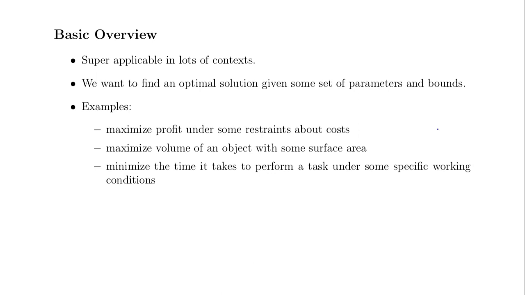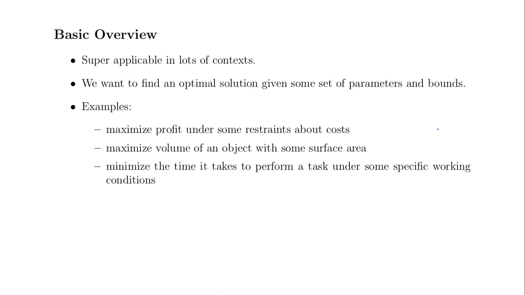We can fit the most stuff in it, but we have some fixed amount of material to do it. Or maybe we're trying to minimize the time that it's going to take to perform a certain type of task under some working conditions. So we have some sort of a setup that tells us what our options are at least, and then we'll try and find some sort of a mixture of those options to minimize the time that it takes.